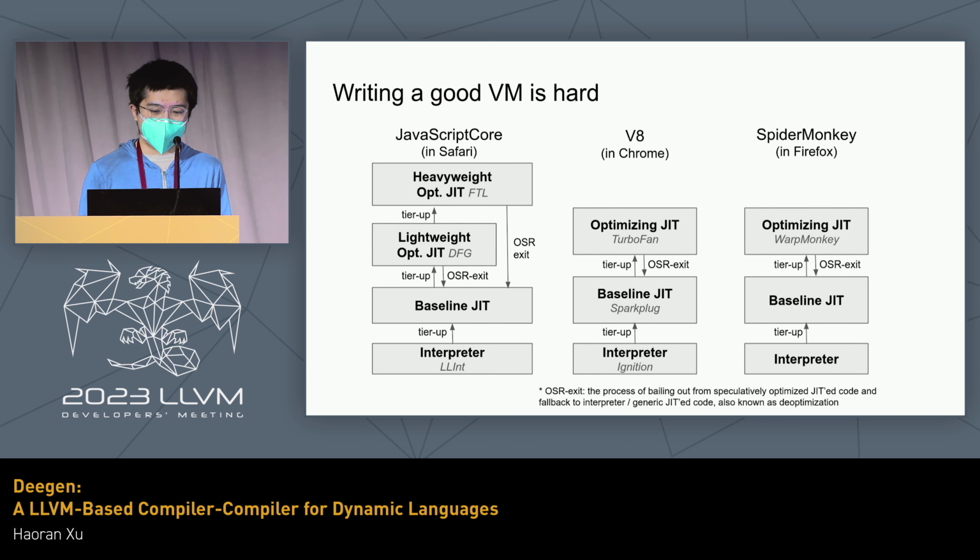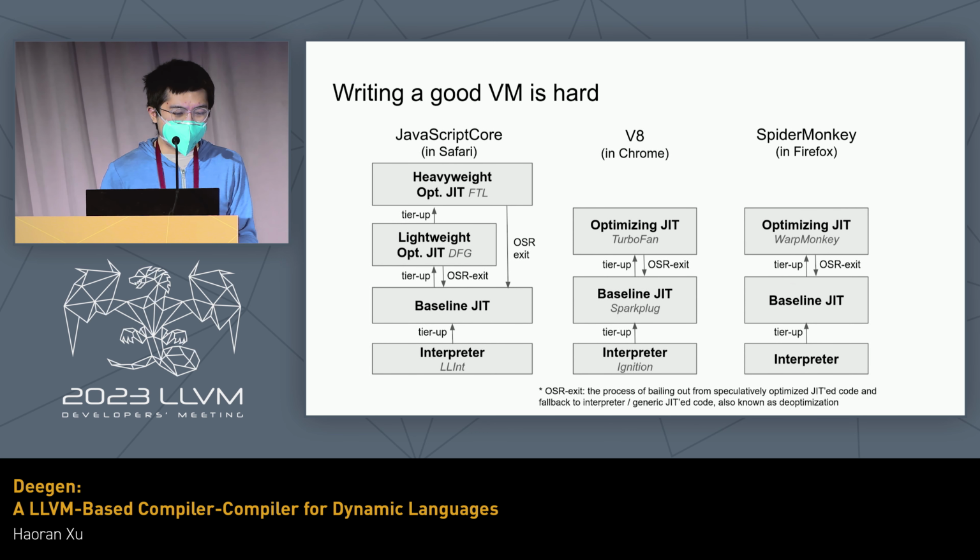We have to spend some of the time in compilation and some in execution. The end result is that we actually need two JITs: a baseline JIT that compiles fast, and an optimizing JIT that spends a lot of time in compilation and generates higher quality code.